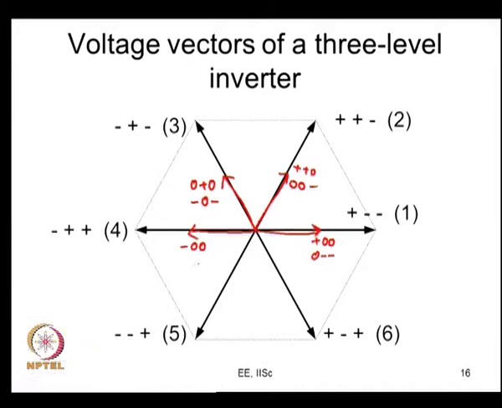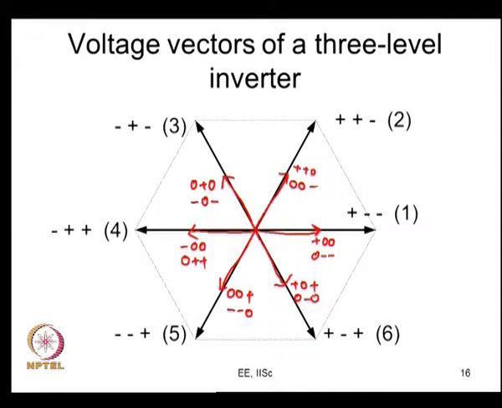So, I can look at minus 0 0 and 0 plus plus, and there is another one, this is 0 0 plus, minus minus 0, and I can do this, here it is plus 0 plus 0 minus 0.